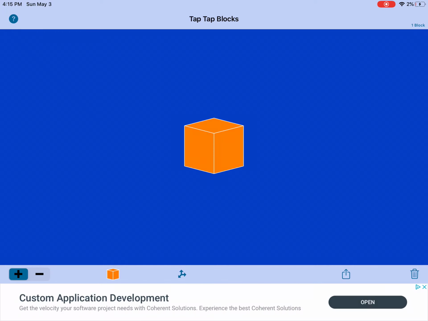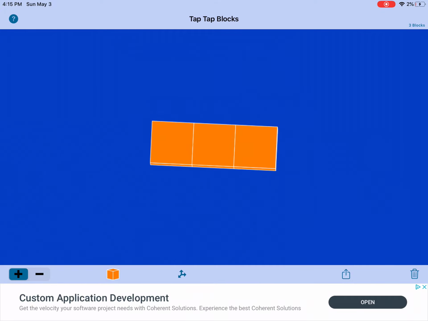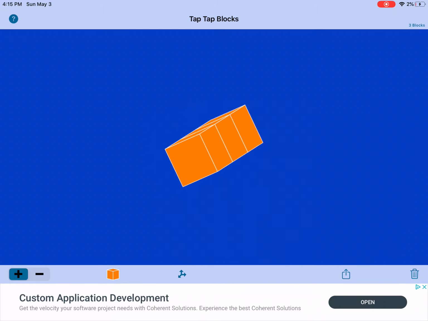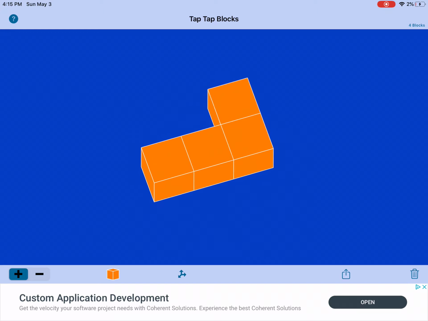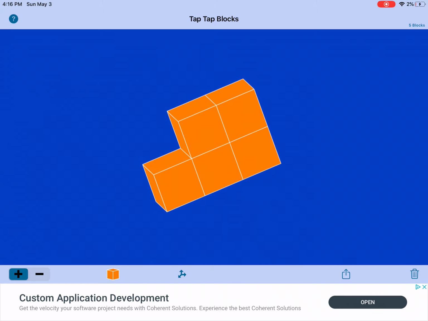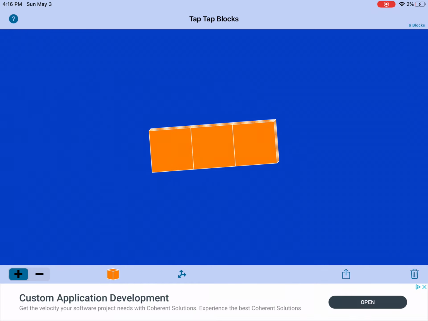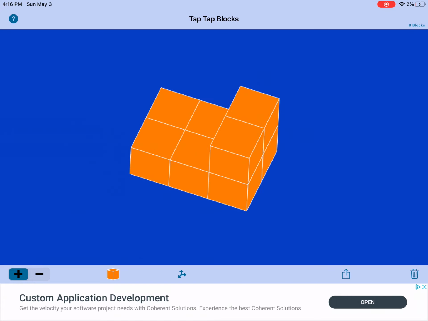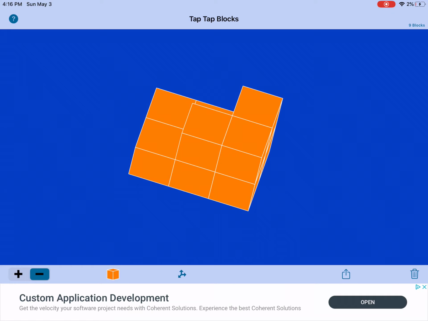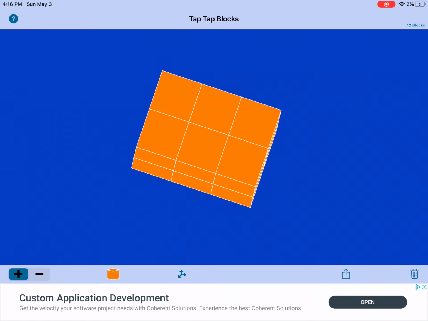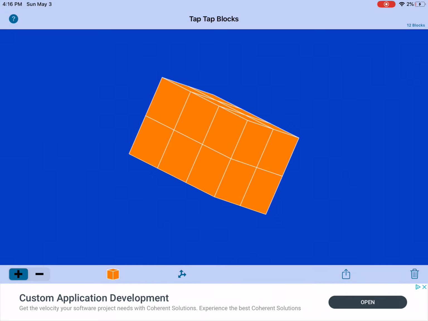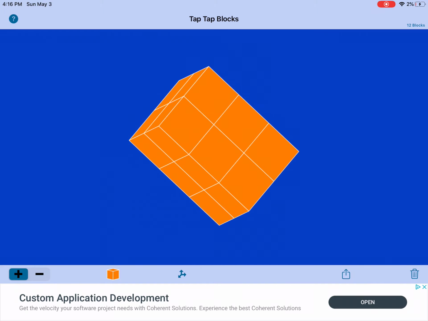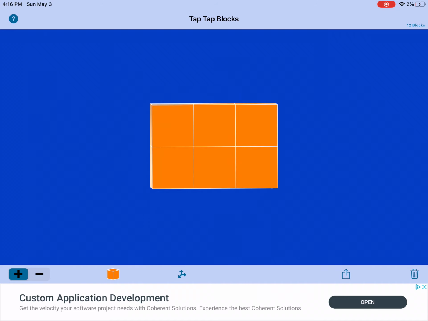So I am going to go 1, 2, 3 centimeters long, lengthwise, by 2 centimeters width, and then my height is going to be 2 centimeters. So here is that structure, 3 by 2 by 2.